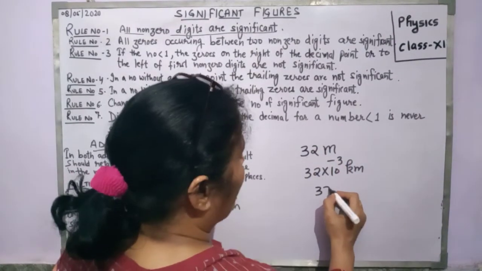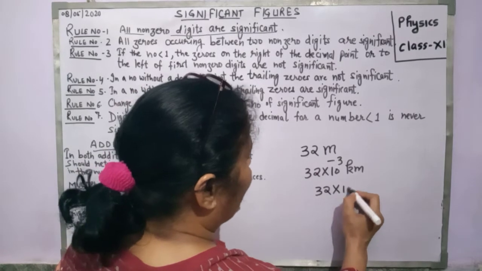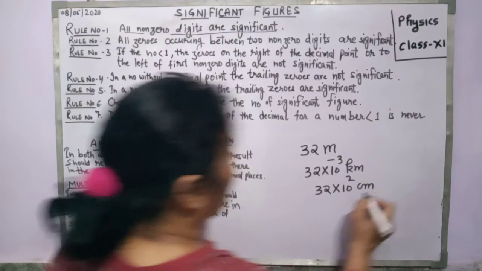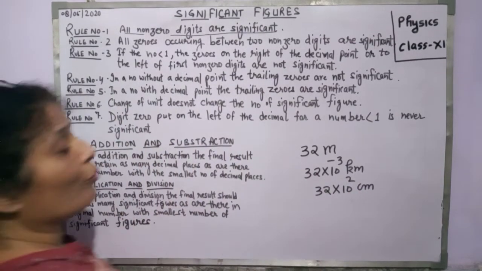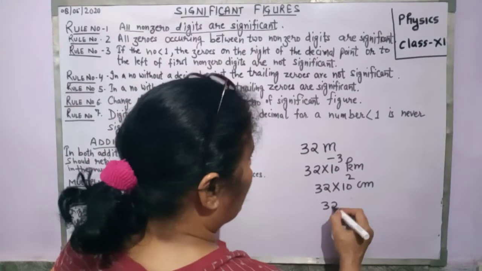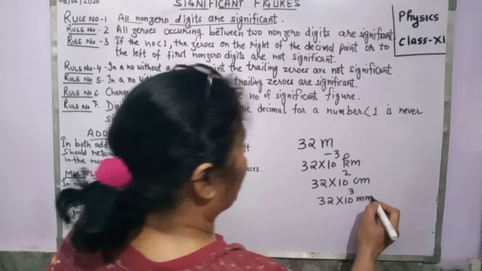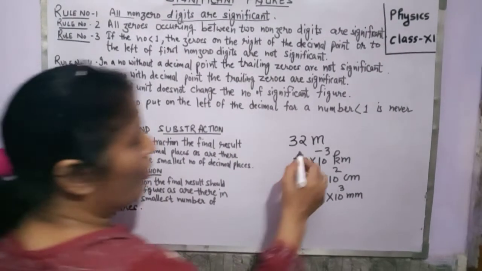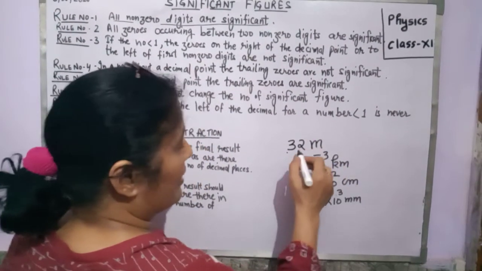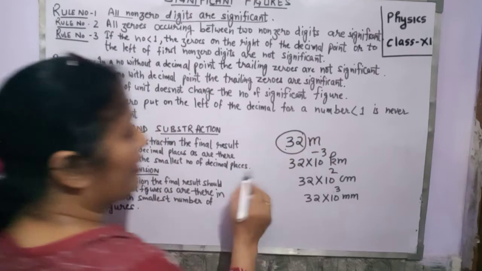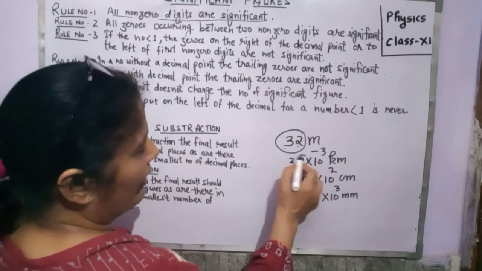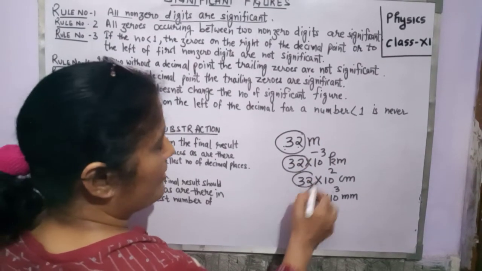That means 32 into 10 raised to the power 2 centimeter. You have to convert it into millimeter. That means 32 into 10 raised to the power 3 millimeter. Then in all these measurements, how many significant figures? 2 figures. Here is also 2 figures. Here is also 2 figures.